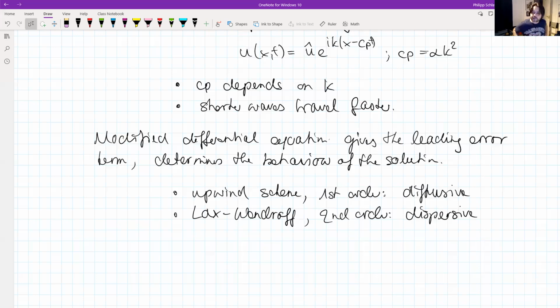So just think of the central scheme that we have constructed from the first order scheme. The second order scheme was constructed in a way that we can get rid of the second derivative in the leading error term. So that's why we then got the second order.